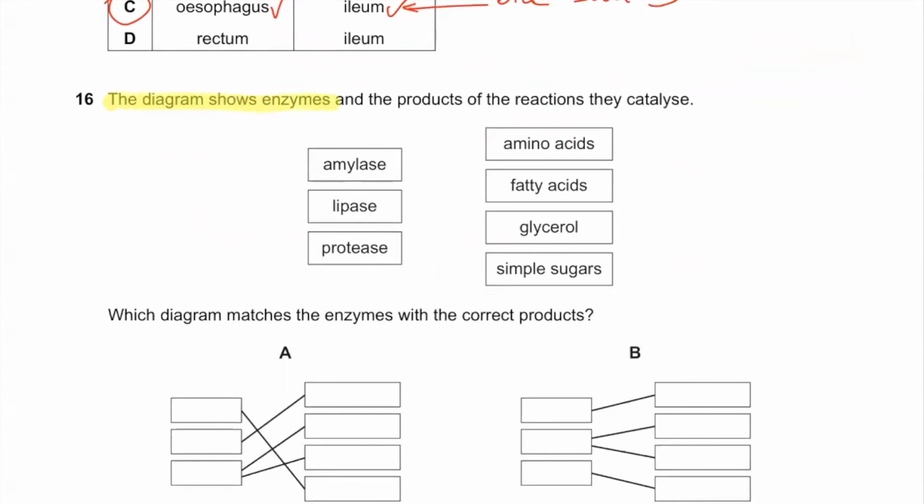The diagram shows enzymes and the product of reactions they catalyze. Which diagram matches the enzyme with the correct products? So amylase is going to break down carbohydrate into simple sugars. Lipase is going to produce fatty acid and glycerol. Protease is going to produce amino acid.